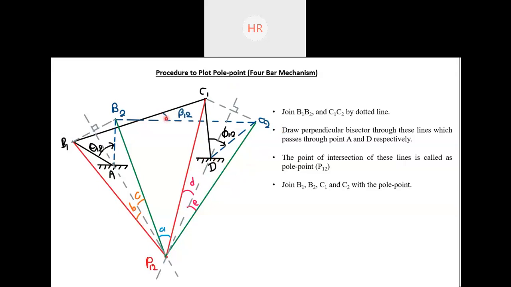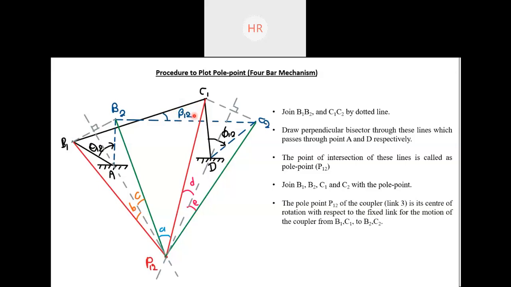And let's call the angle between the first position and second position of this third link, or connecting link B1 C1, beta 12. The pole point P12 of the coupler, keep in mind this pole point is for this third link or coupler link B1 C1, is its center of rotation with respect to the fixed link for the motion of the coupler from B1 C1 to B2 C2.